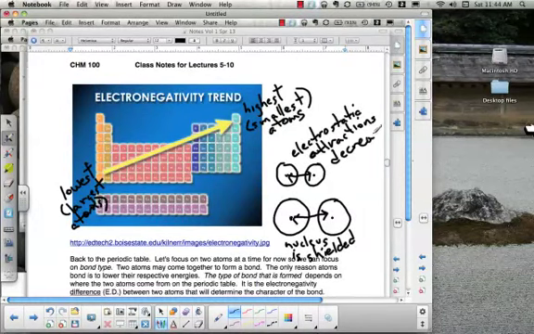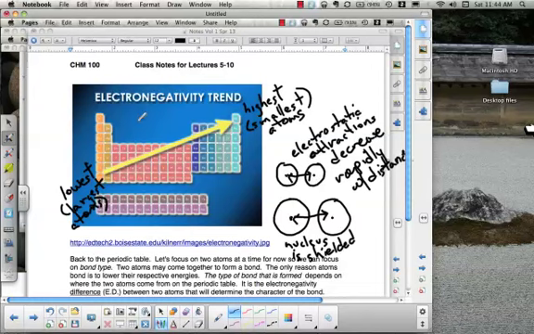In fact, it's a 1 over r squared thing. The distance is in the denominator in the equation for electrostatic attraction, and it's a squared term. So it drops off very rapidly the farther apart you get the two opposite charges.